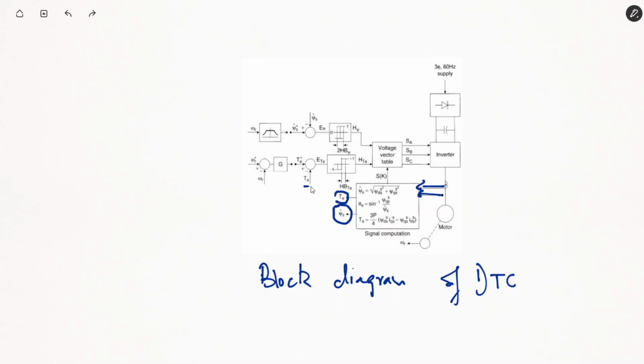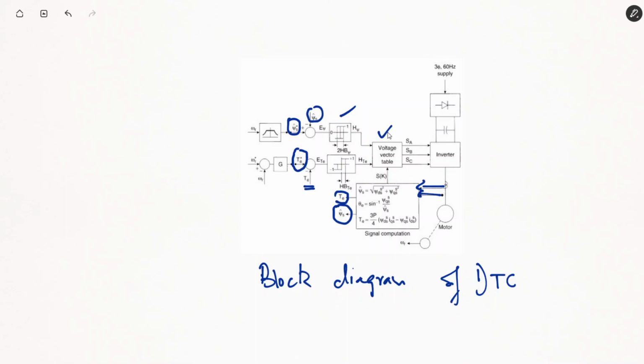We can directly measure the torque and compare it with the reference value of torque. We can directly measure the flux and compare it with the reference value of flux using control strategies. Here the control strategy involves use of hysteresis band and use of space vector modulation for generation of pulses for the inverter.